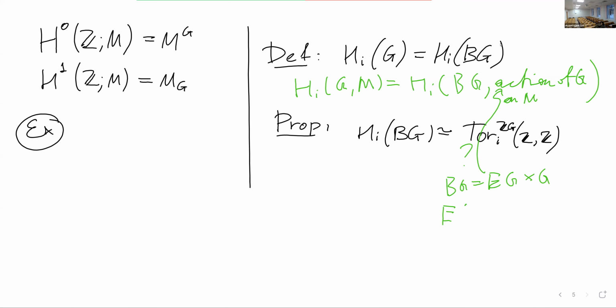Let's take EG, and let's say that G acts on EG on the right, and G acts on M on the left.